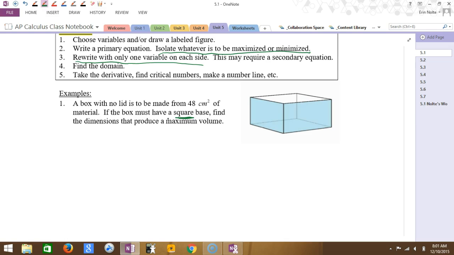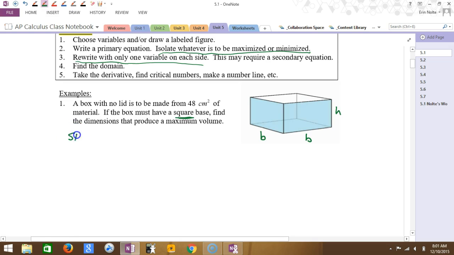So the material is basically, let's say we have this base and this base, and those two lengths would be the same because it's a square, and then we have this height. If we're talking about the surface area of this box, we have 4 sides that are a base times height, and then one side that is a base times base.